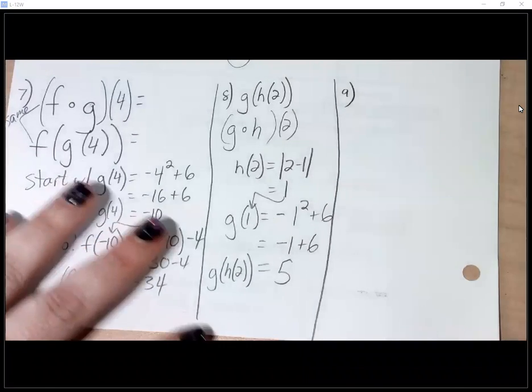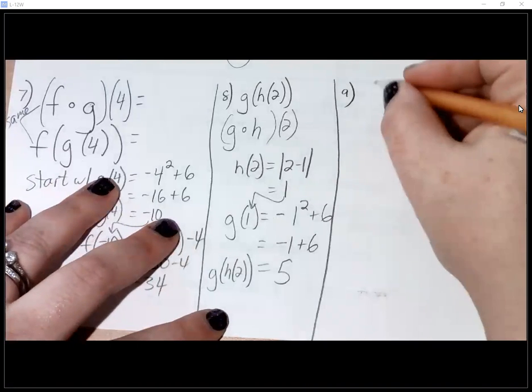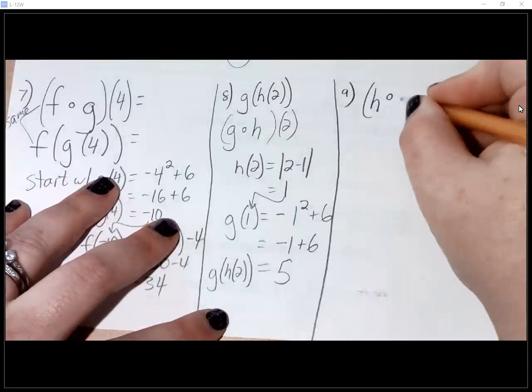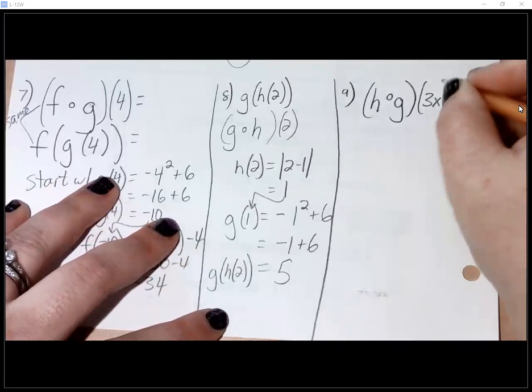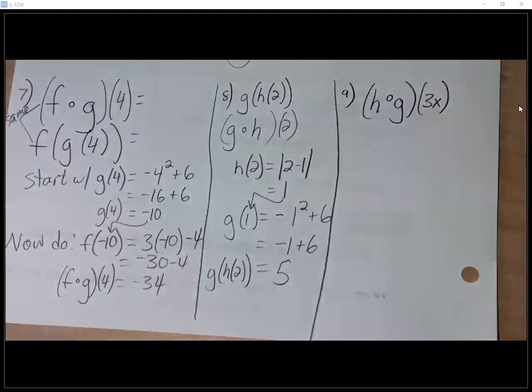Okay, we're going to do h of g of 3x. Try that.